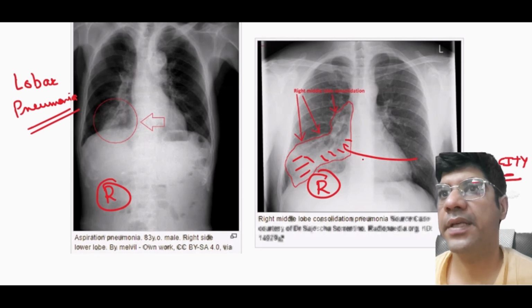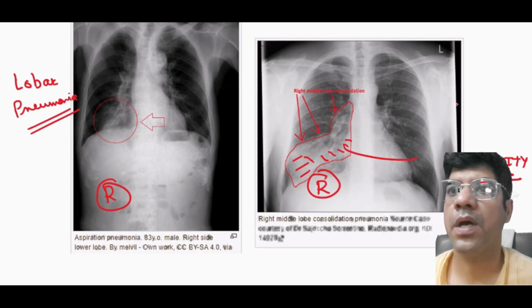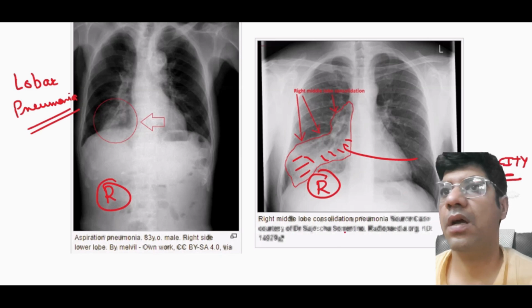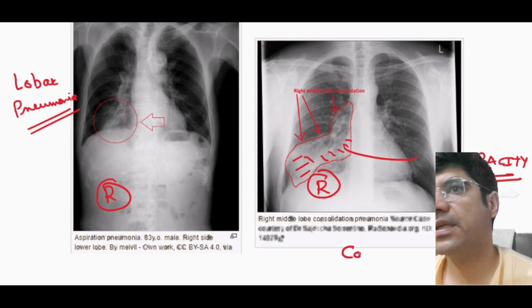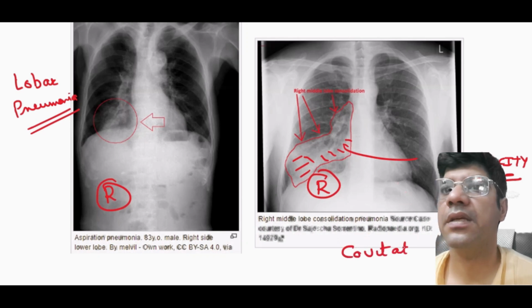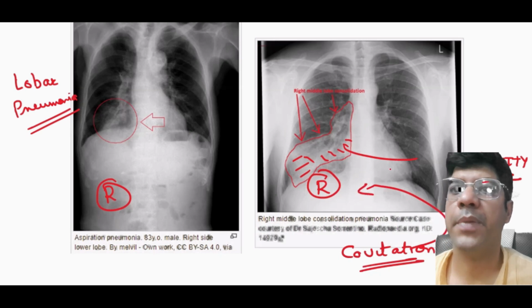Another important sign is air bronchogram. An air bronchogram is a radiographic sign where the air-filled bronchi are visible within the area of lung opacity. Another important sign is cavitation. What do we mean by that?